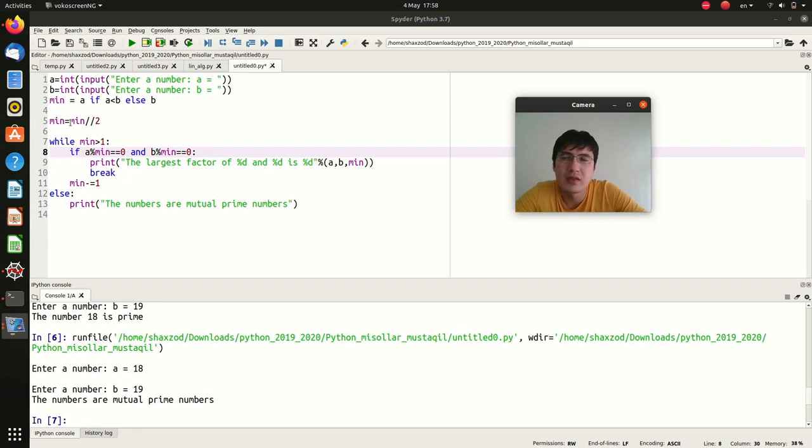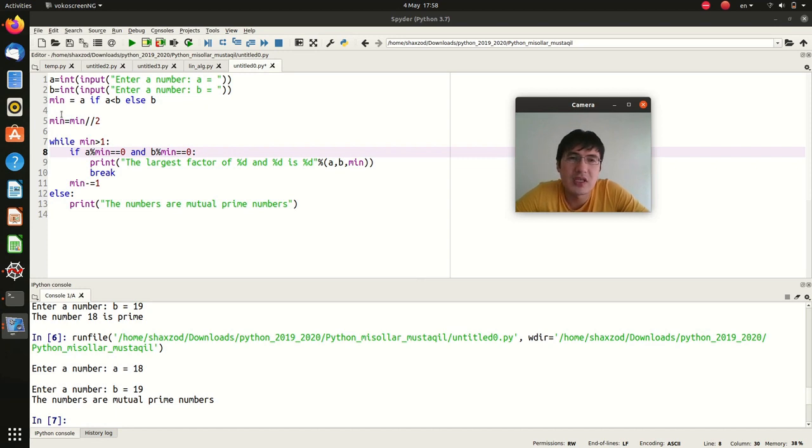Why? If there is a divisor of the number except itself, it can be equal to or less than half of this number. So we are taking half of this minimum.